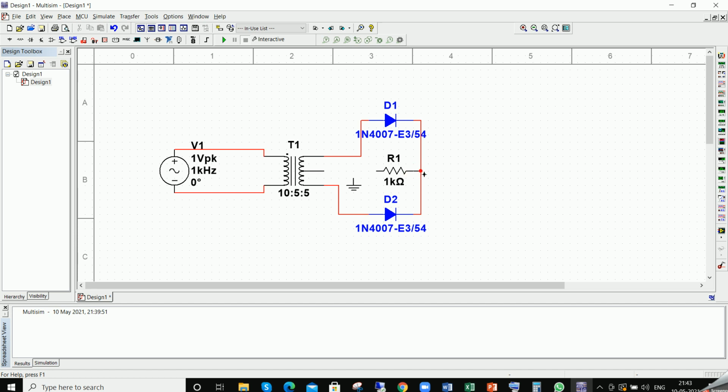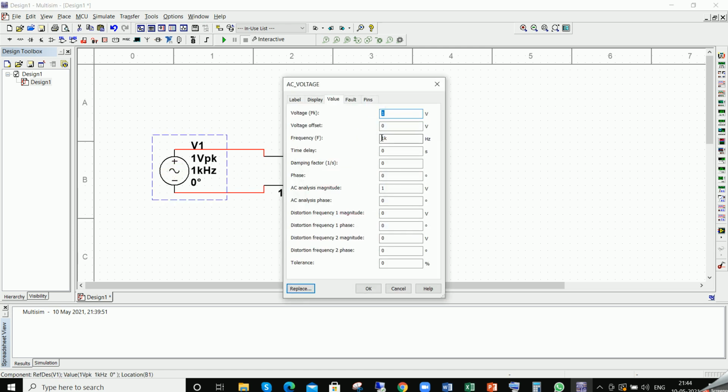Load resistance to D1 and D2. Make the ground connection. To change the voltage source to 230, double click on this, 230 volt input and 50 hertz. Okay.